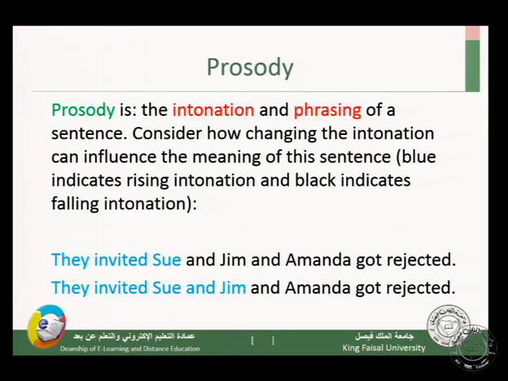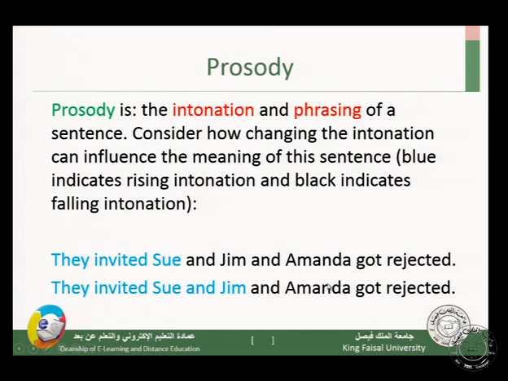They invited Sue, and Jim and Amanda got rejected. So, they invited Sue with rising intonation. They invited Sue, and Jim and Amanda got rejected. Okay, so here we had a rising intonation at the beginning, then the intonation fell, starting from "and Jim and Amanda got rejected."